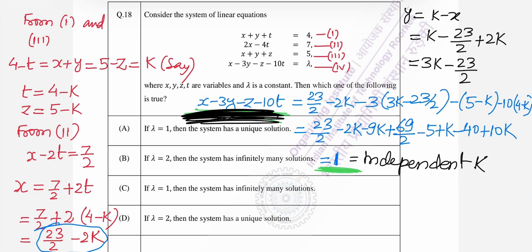This means that the system of linear equations given in the question have infinite solutions. Okay, and you see here it is 1, and here you see lambda, so lambda will be 1.